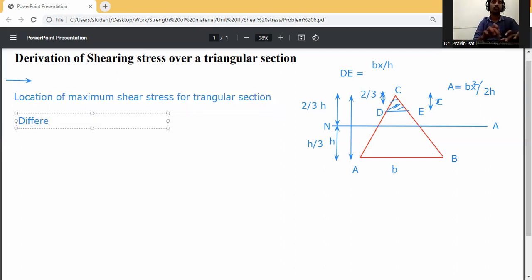So differentiate with respect to x of equation 1.